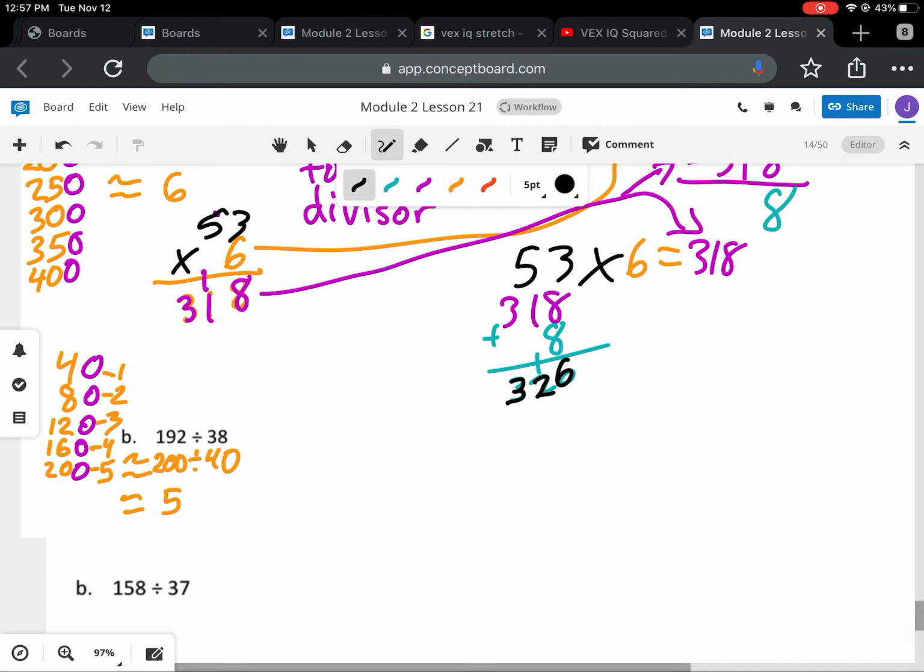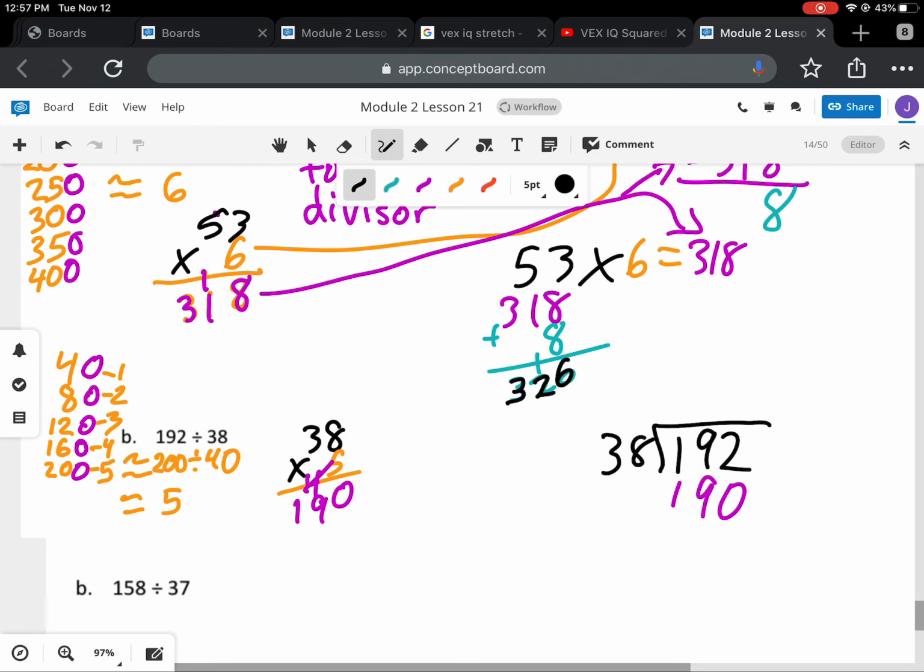Alright, so now I'm going to do my 38 times 5. And that is going to get me 190. And that's very close to my 192. So I subtract that from that. I put in my quotient, the 5.